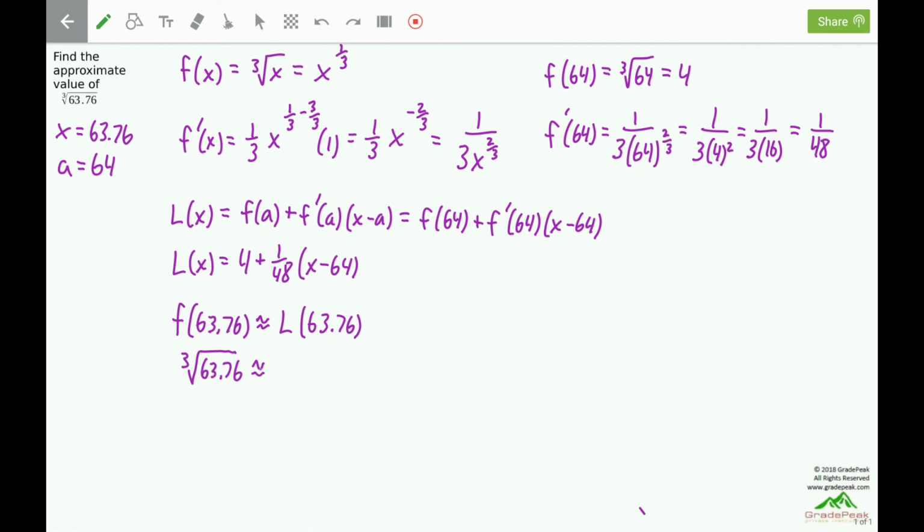L of 63.76 means to plug that in for x in the L of x. 4 plus 1 over 48 times 63.76 minus 64, which is 4 plus 1 over 48 times 63.76 minus 64 will be a negative 0.24.